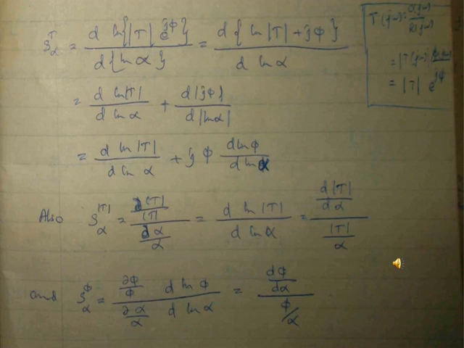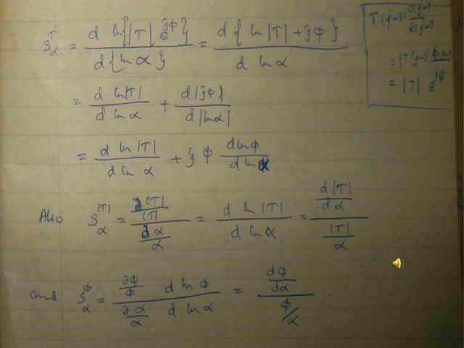Then S T alpha is d ln T magnitude e power j phi divided by d ln alpha, which is d ln T magnitude plus j phi divided by d ln alpha. That gives d ln T magnitude divided by d ln alpha plus j phi d ln phi divided by d ln alpha.